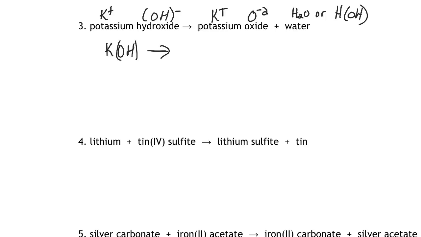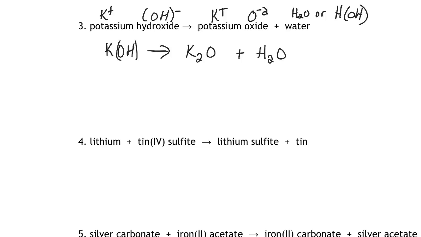It really doesn't matter which way I choose, it's just that I need to be sure I choose one or the other, because I'm either going to break apart the polyatomic ion or I'm going to just count hydrogens and oxygen. So I'm going to put these together just so I can get this balanced. And I'm going to choose to go H2O.